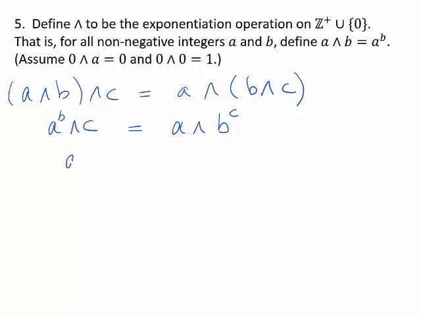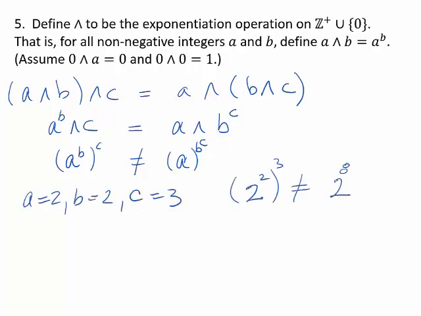So this on the left would be a to the b raised to the c power. And on the right, we would have a raised to the b to the c power. And this is not true. It's certainly not commutative, and there is no identity. So this, although it was a binary operation, has none of our special properties.